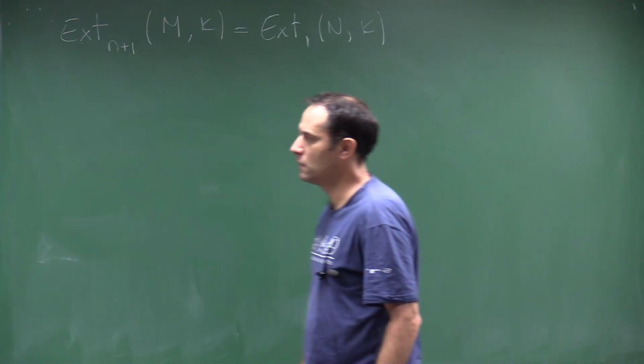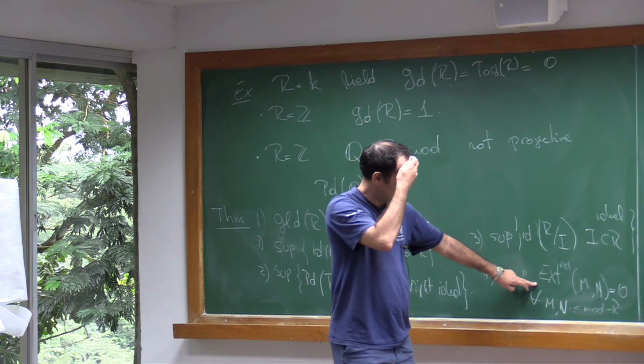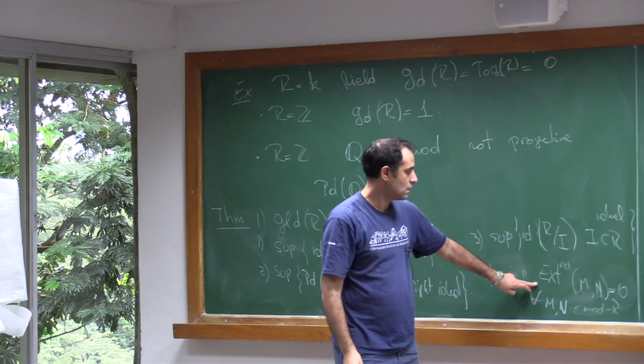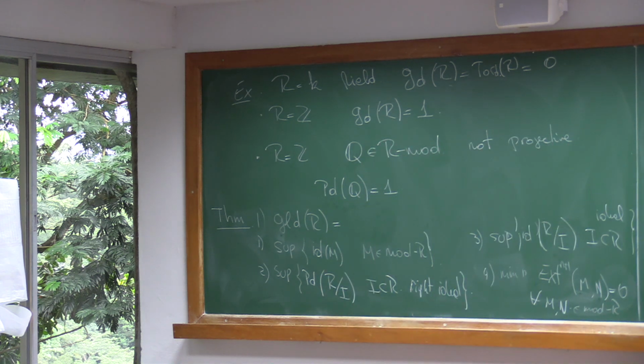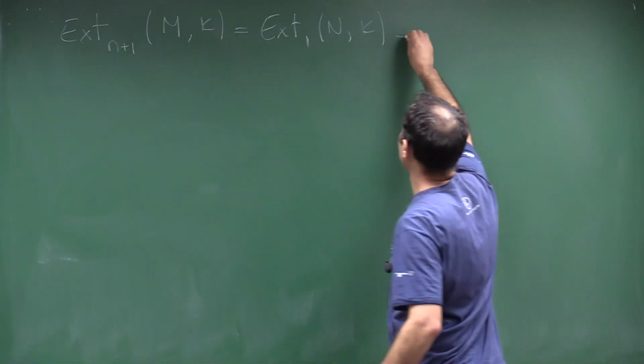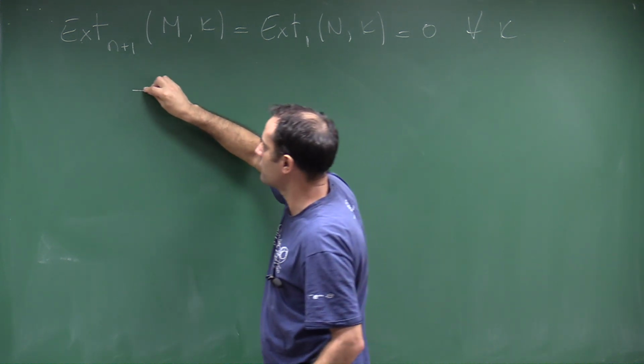And now it follows from this lemma, since the projective dimension is n, that this guy is equal to 0. So this is equal to 0 for every k, and this implies that N is projective.